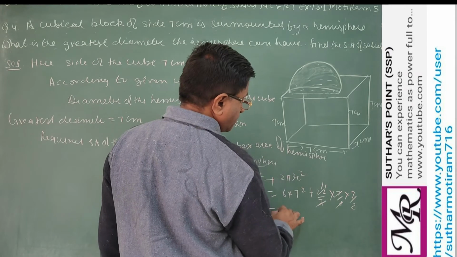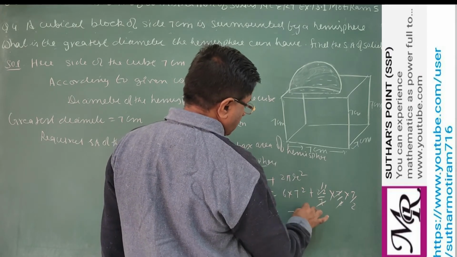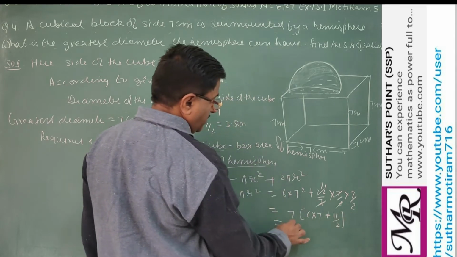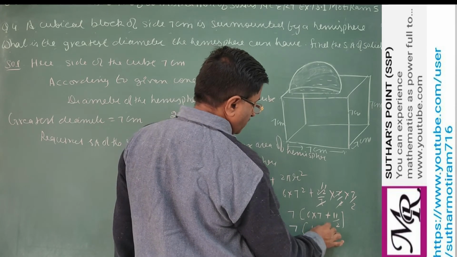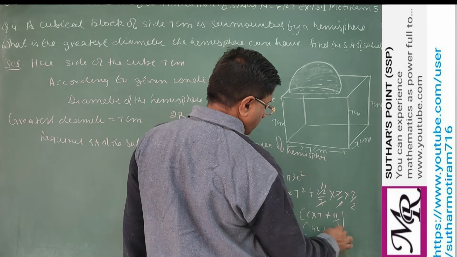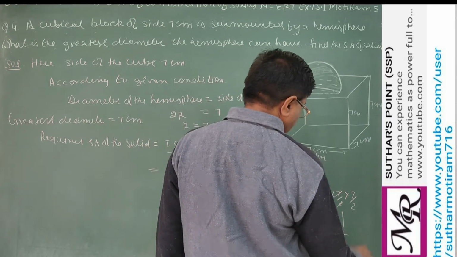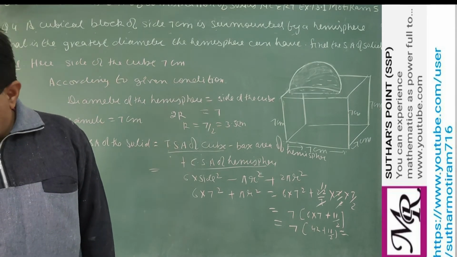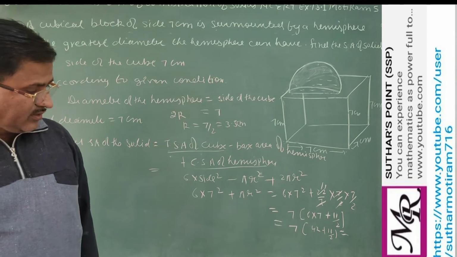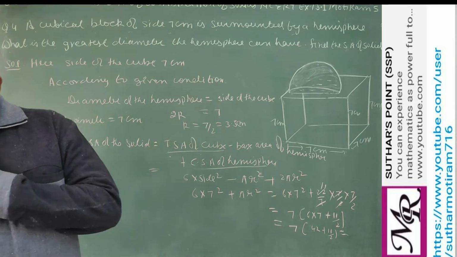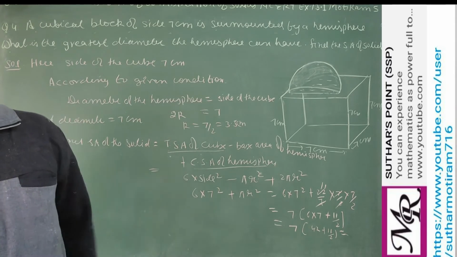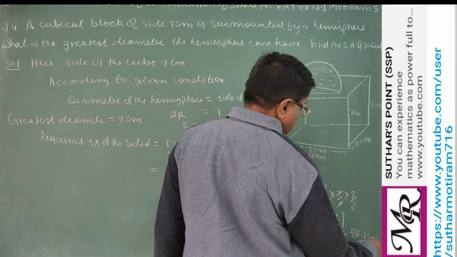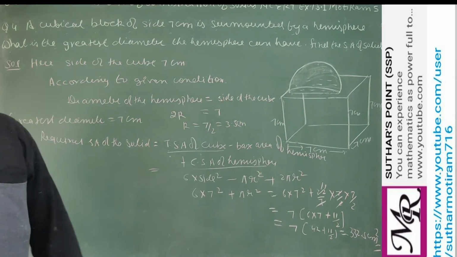You may take 7 as common. So 6 into 7 plus 11 by 2. Simplify: 42 plus 11 by 2, which gives 38.5 into 7, and that gives 332.5 centimeter square.